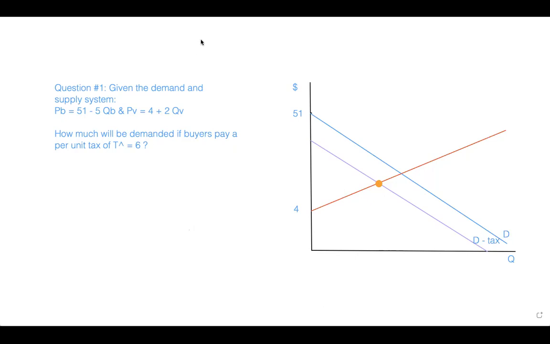If that's our after-tax equilibrium, then normally we say the equilibrium is a price at which quantity demanded is equal to quantity supplied.